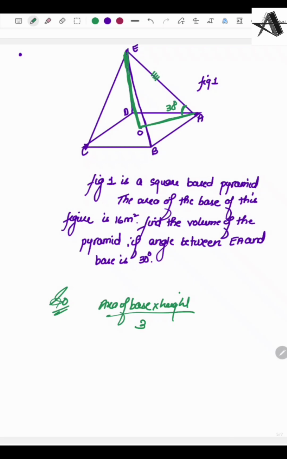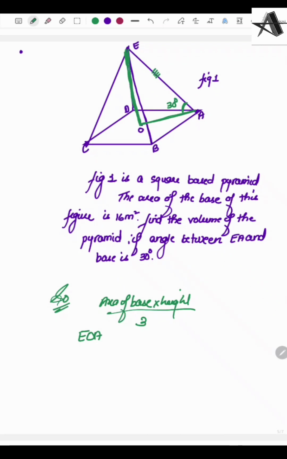I can easily find the height by going in reverse order. So I would take triangle EOA. Now it's easy to calculate, but for that I should know at least one side. EA seems tough to find, so we rely only on OA to get the answer.